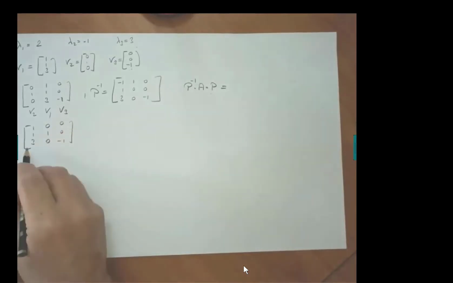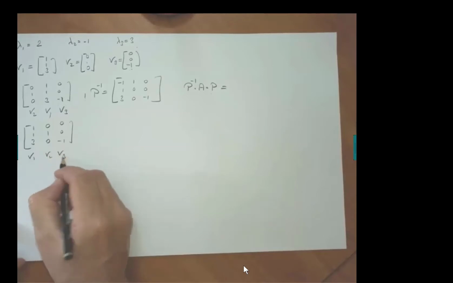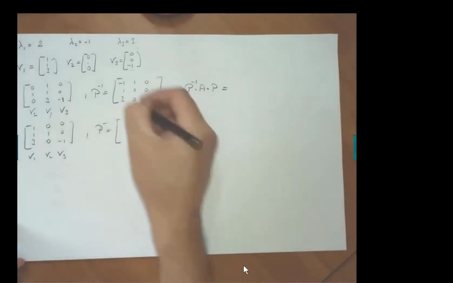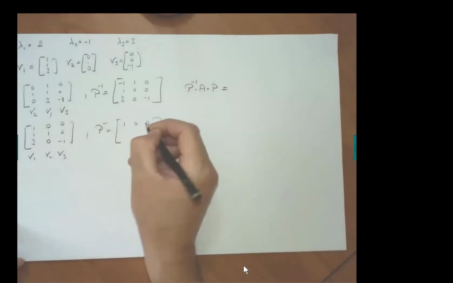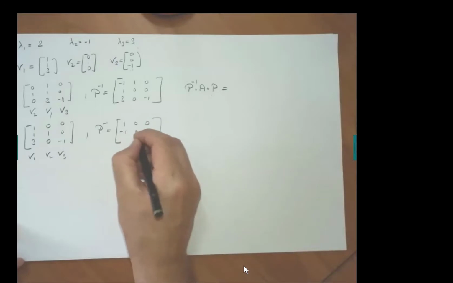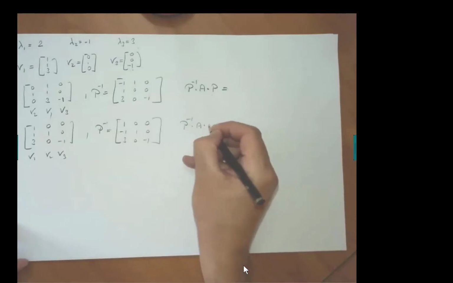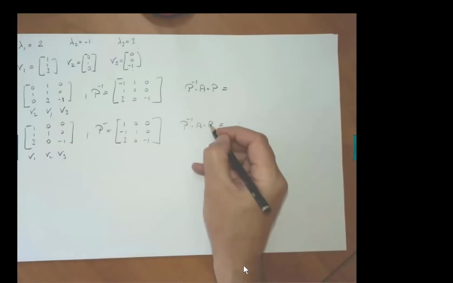This is V1, that is V2, and that's V3. If you calculate the inverse, it's also just the permutation of these rows. So I have here 1, 0, 0, -1, 1, 0, and the last one doesn't change. And again, the question is now, what is this? We know it's a diagonal matrix because the columns of P are eigenvectors.